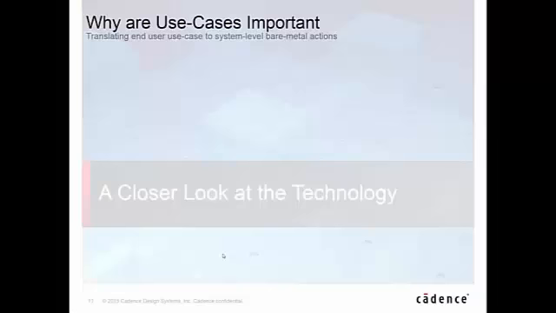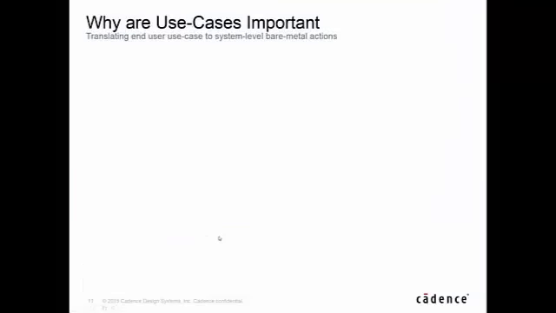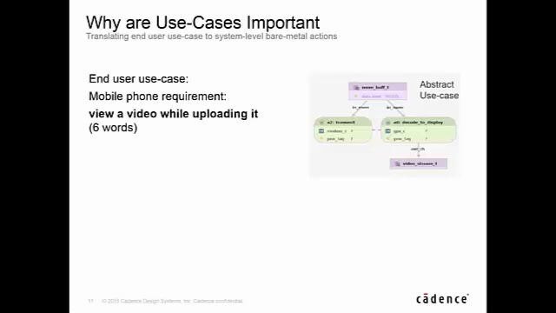So let's take a closer look at what we're doing and what we mean by use cases and how this all comes together. This is kind of a simple view of what a use case can be about. A use case can come from a product perspective, or it can come from an architectural perspective.